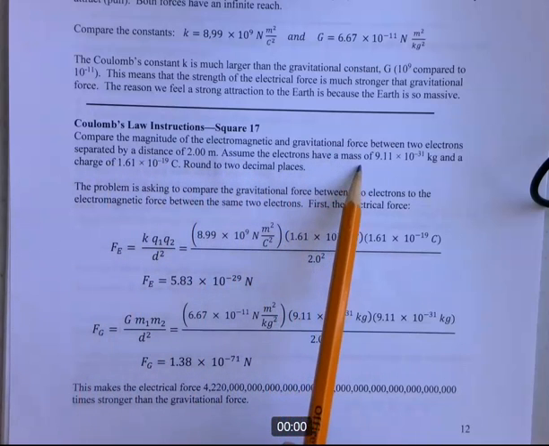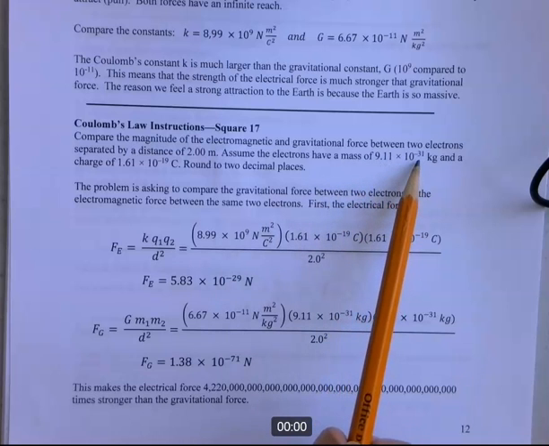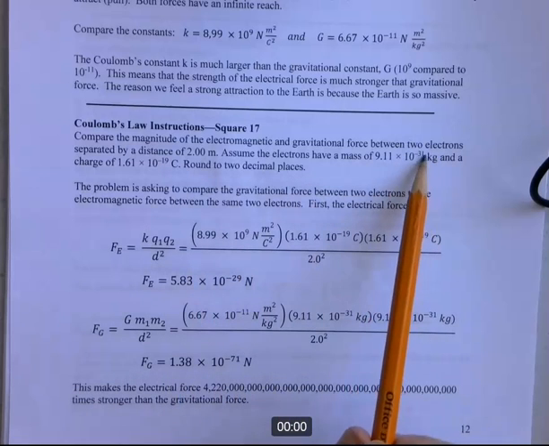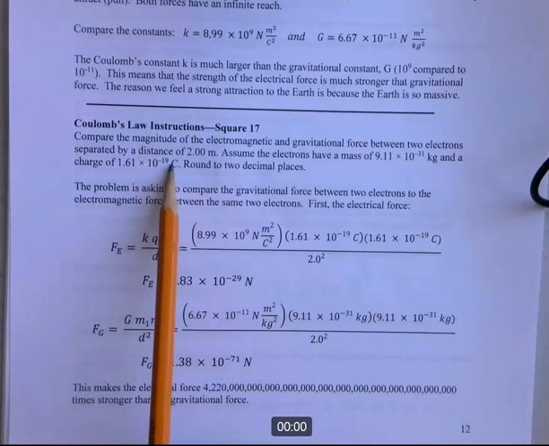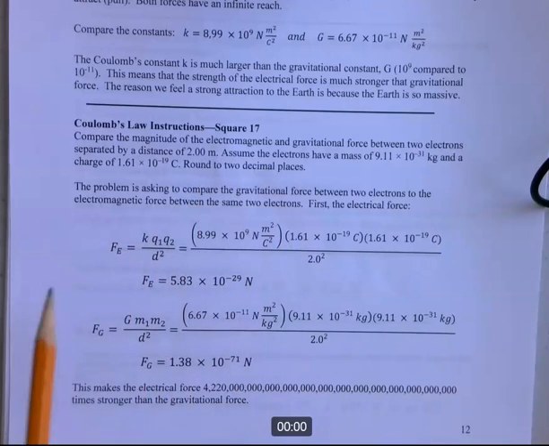Assume the electrons have a mass, so you need to know the mass of an electron, and there it is. It's really tiny, 10 to the minus 31 kilograms. Tiny, tiny, tiny. And a charge of 1.61 times 10 to the minus 19th coulomb. So that's the number of coulombs on a single electron. And round to 2 decimal places.